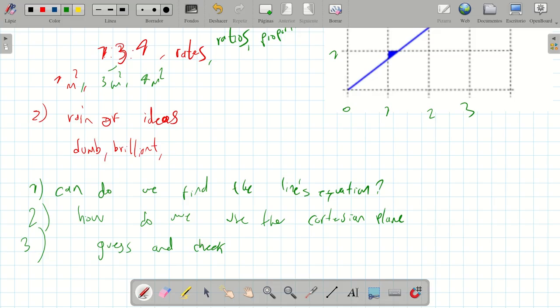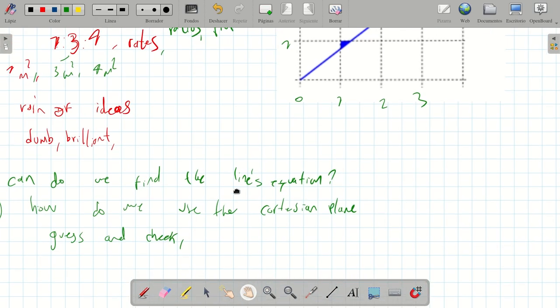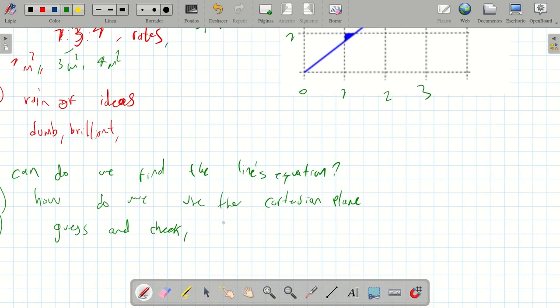And my guess was that maybe these shaded triangles are similar. So my guess was they are similar.